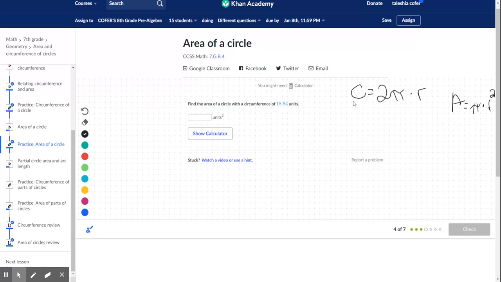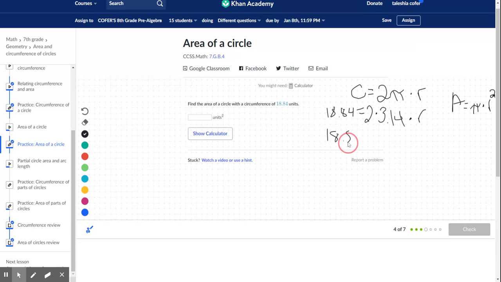So I know what pi is. I need to use it to figure out what r is so that I can plug it into this equation here. They give us our circumference and they tell us that it's 18.84 units, and that's equal to 2 times pi, which is 3.14, times r. I know that 2 times 3.14, that's 6.28.